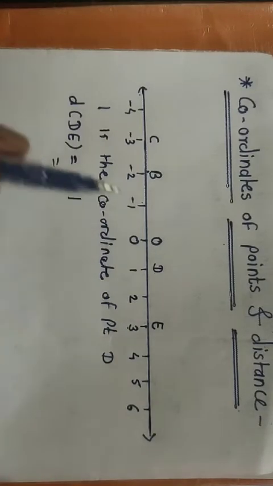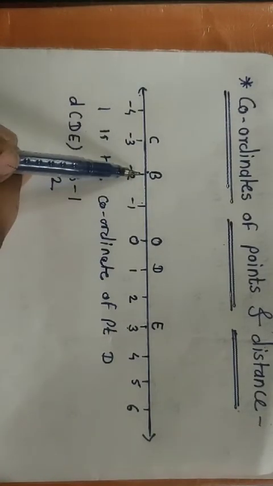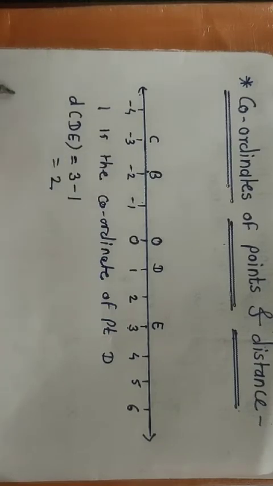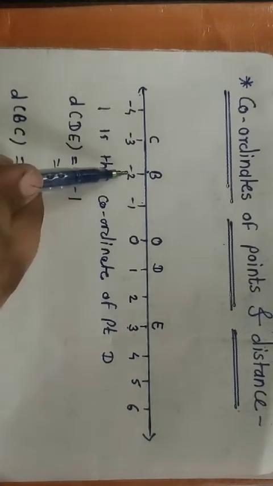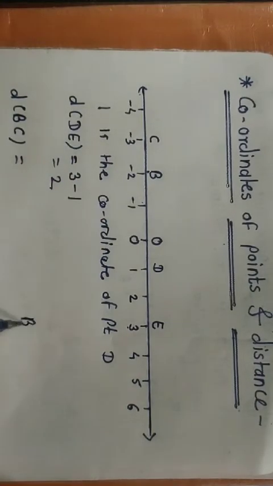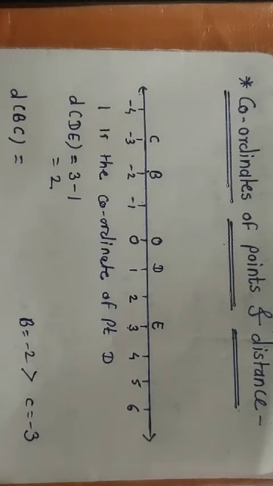Just take another example. Suppose we have to find the distance between point B and point C. See, -2 is the coordinate of point B and -3 is the coordinate of point C. You know that -2 is greater than -3.